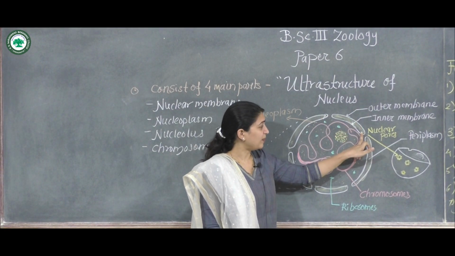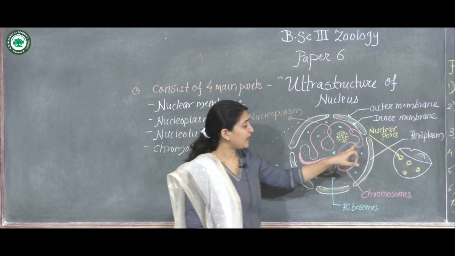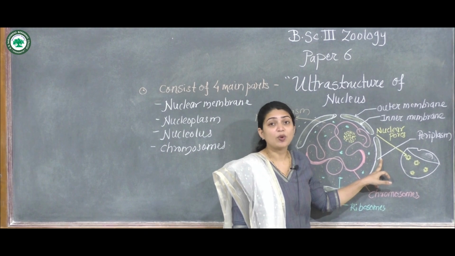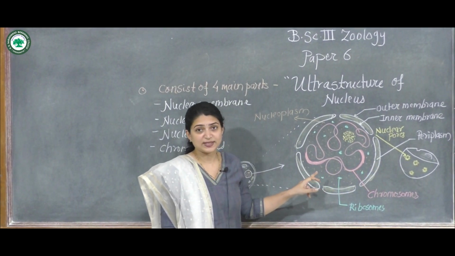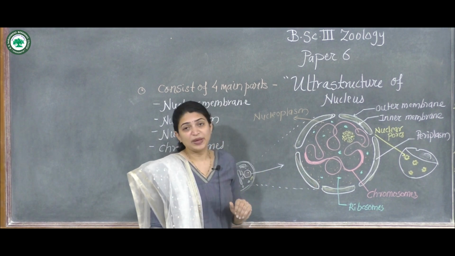In between these membranes there is a space present, called the periplasm or the perinuclear space. So this is about the nuclear membrane.